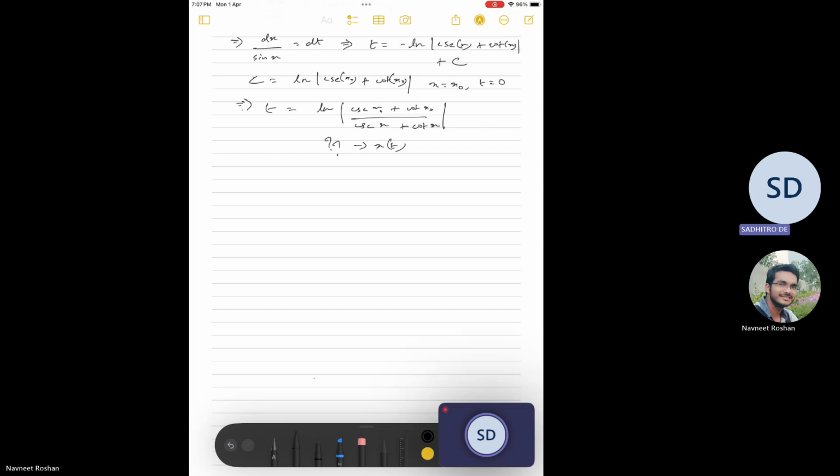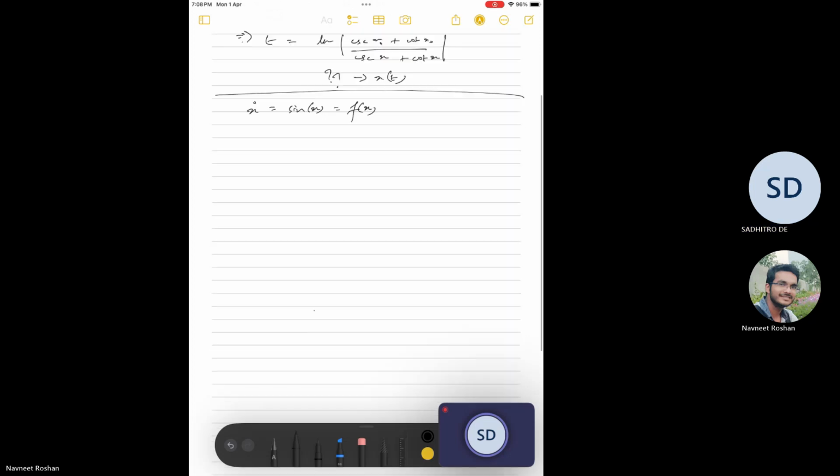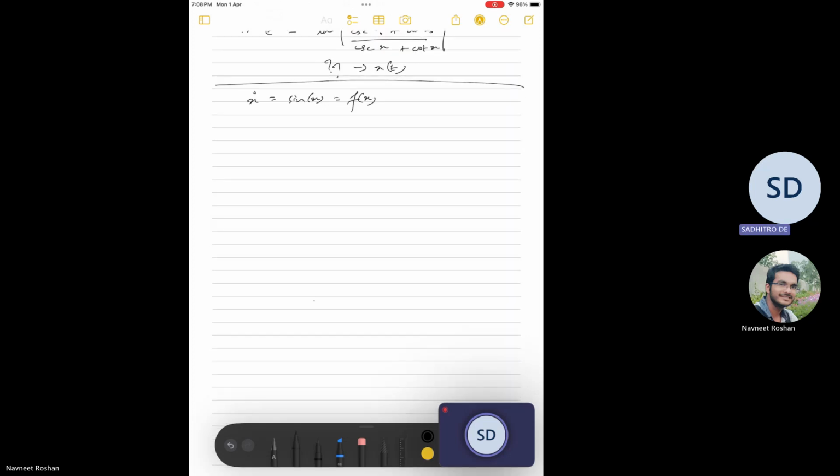How do we do it? So what was the equation we had? We had x dot equal to sine of x equal to say f of x, right? Now here basically the right hand side of the equation represents the rate at which x changes, right? It is the velocity of the point x. So let us see how the velocity of the point changes as a function of x.